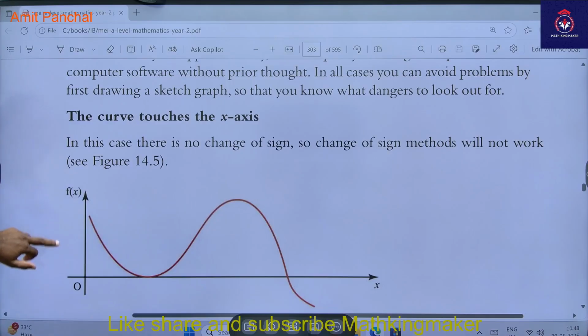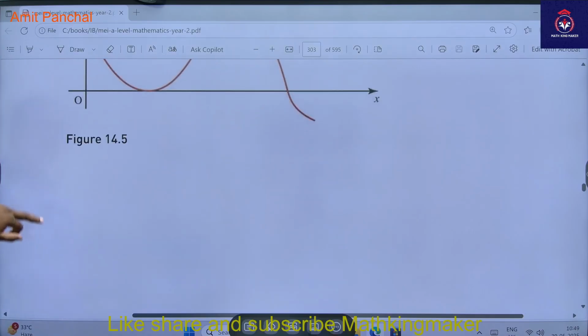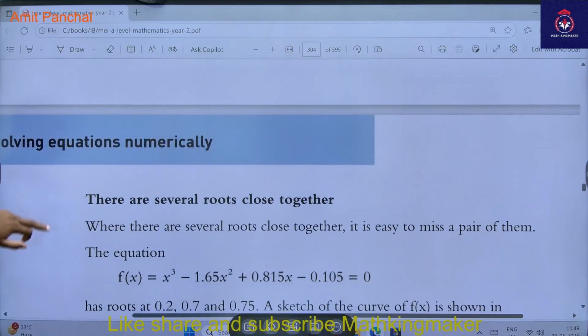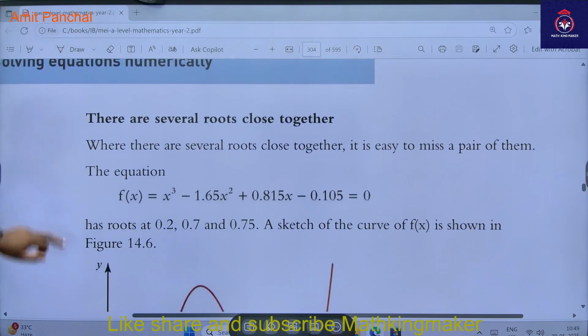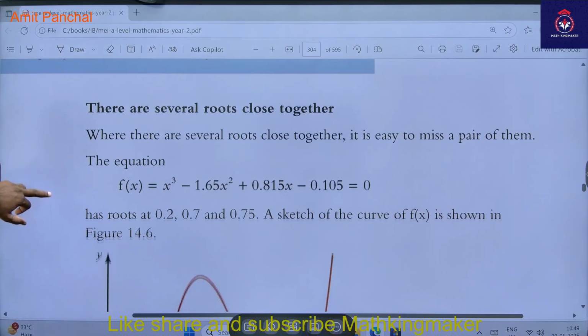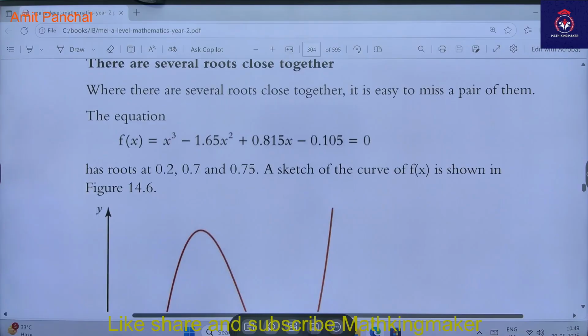So what are you going to do? There are several roots close together. Where there are several roots close together, it is easy to miss a pair of them. Like this equation has roots 0.2, 0.7 and 0.75. A sketch of the curve is shown in the figure.